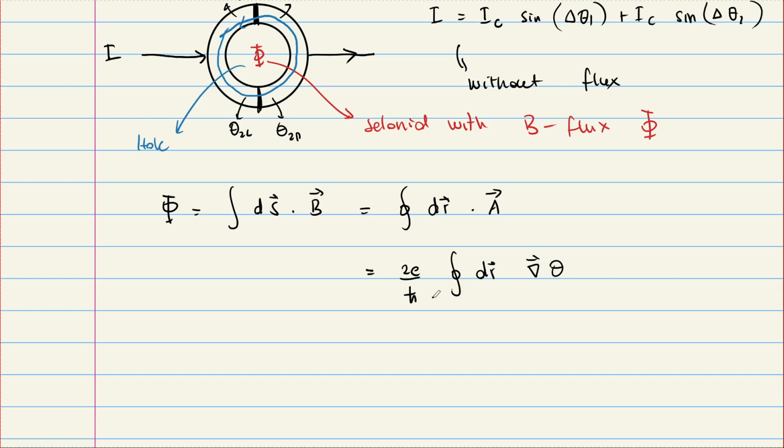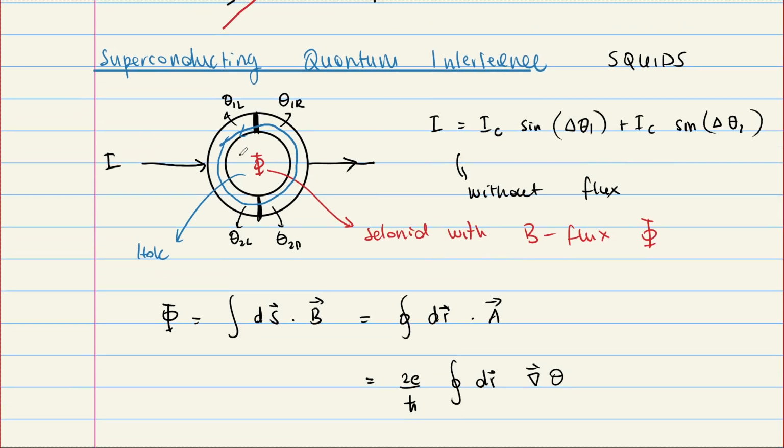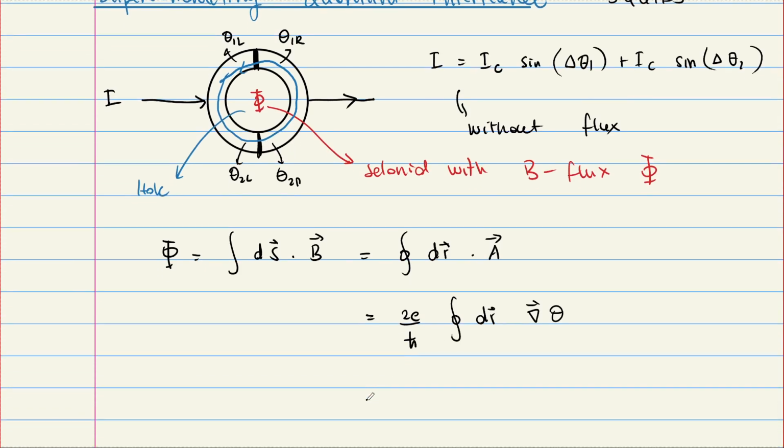And what happens here is, let's go through this loop. I go through here, I pick up this delta theta in the lower branch. So this is 2e over h bar delta theta. Let me go through the upper branch, it doesn't really matter. So I go clockwise and I pick up delta theta 1 in the upper branch, and I come back and traverse the lower branch in the opposite direction.